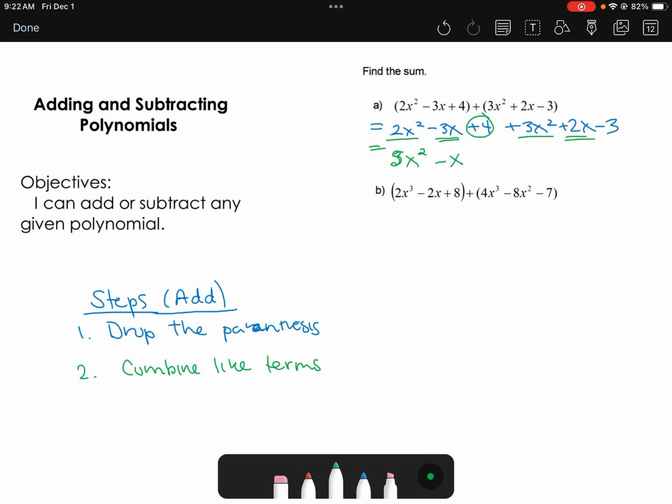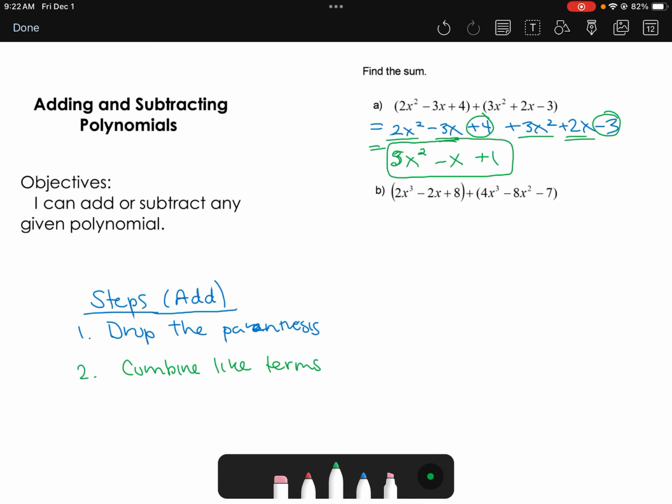And then I have positive 4 minus 3, which is a positive 1, so plus 1. And that's it. When you're adding polynomials, it really is pretty much the same thing as when you combine like terms. You just have to drop that parenthesis.